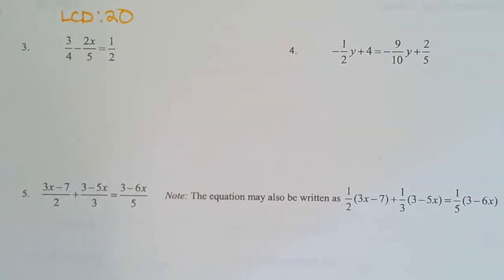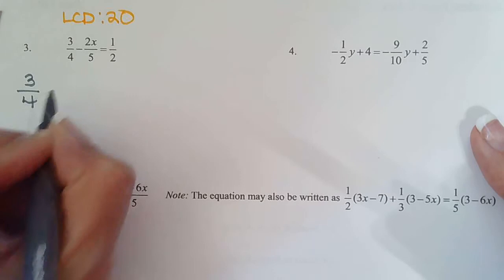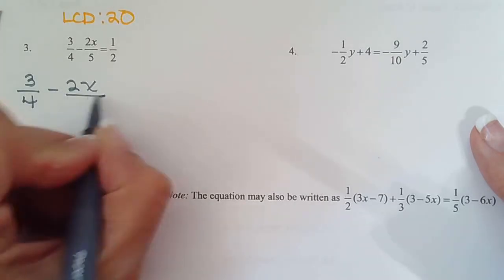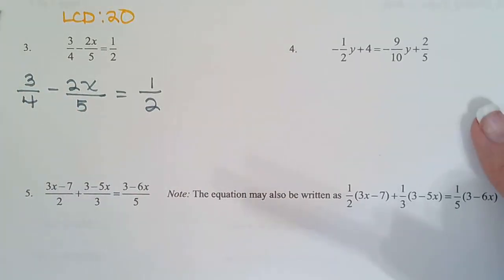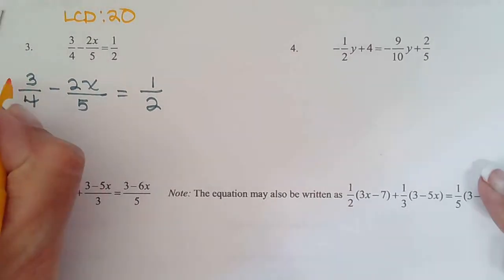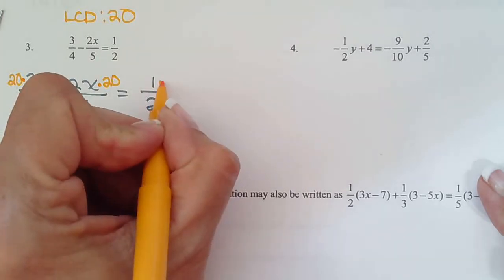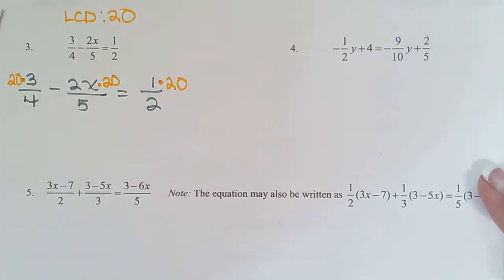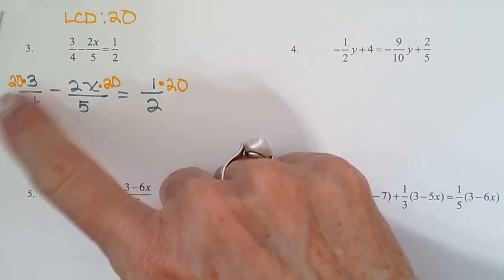So now I'm going to write it larger so that I can put my 20 in. Beside every single term, I need to put 20. And then I can either use my calculator or use my head. So 20 times 3/4 gives 60 divided by 4.